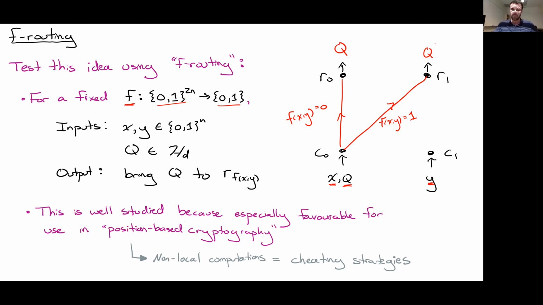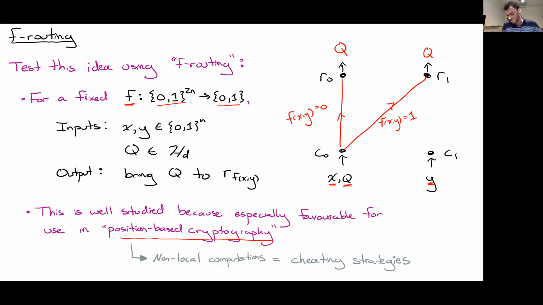Doing this in the non-local form is actually the best studied thing in the literature. The reason is that some of its properties make it especially favorable for the cryptographic idea that I mentioned. In position-based cryptography, you're trying to check where somebody is located in space, and in that context this is a very helpful thing to think about.